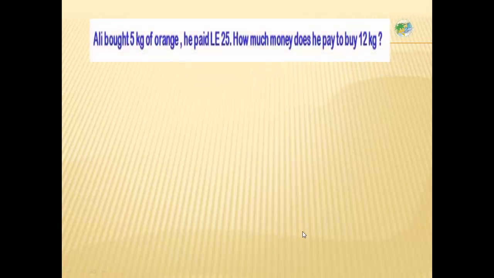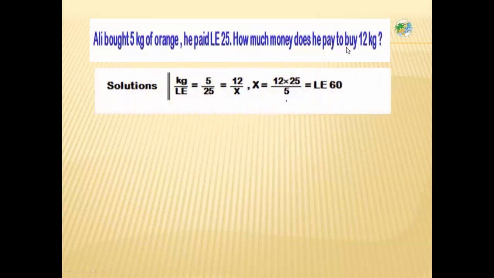Ali bought 5 kilograms of oranges. He paid 25. How much money does he pay to buy 12 kilograms? Kilogram by pound equal kilogram by pound.